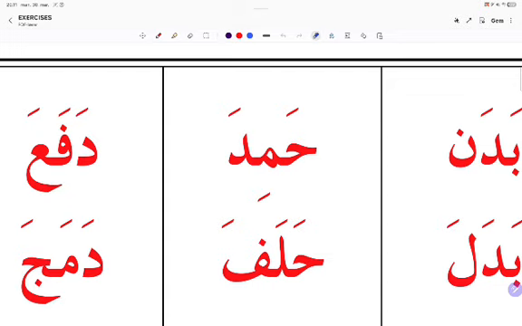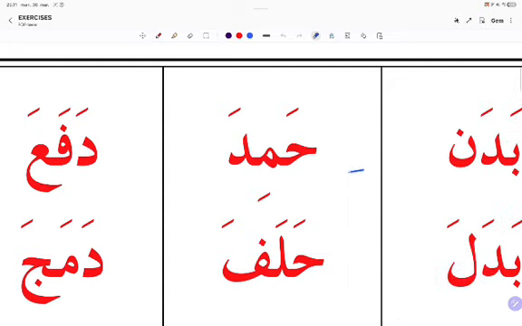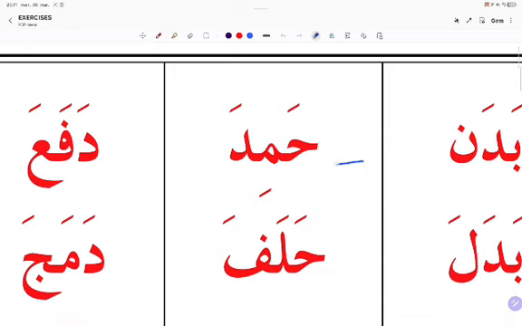When ain is written in the middle, it will be like this. The head will be like an upside-down triangle. This is ain in the middle. So when it's round and normal like this, it's meem. So meem has a kasra. Meem, kasra, mi.